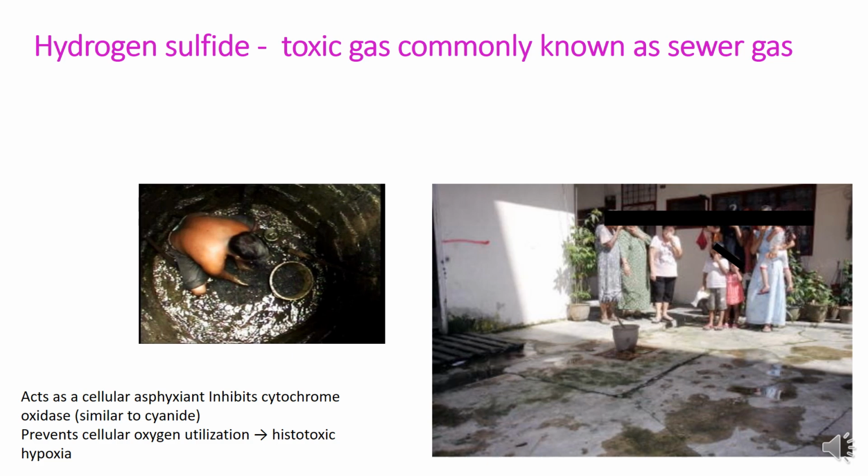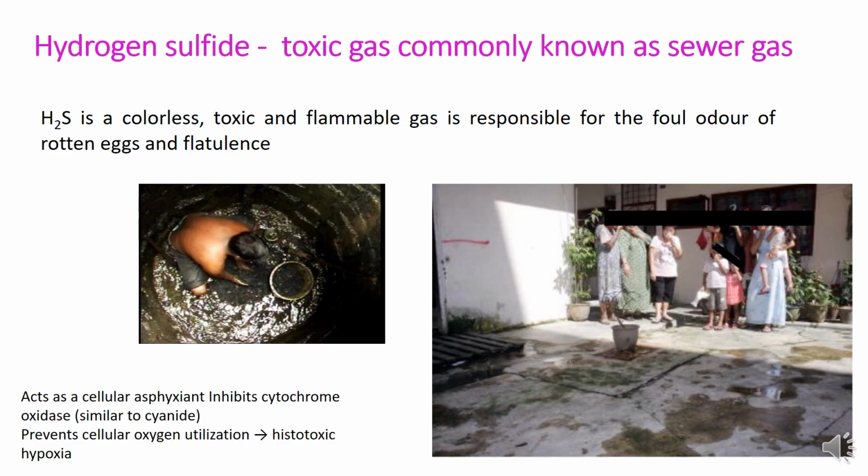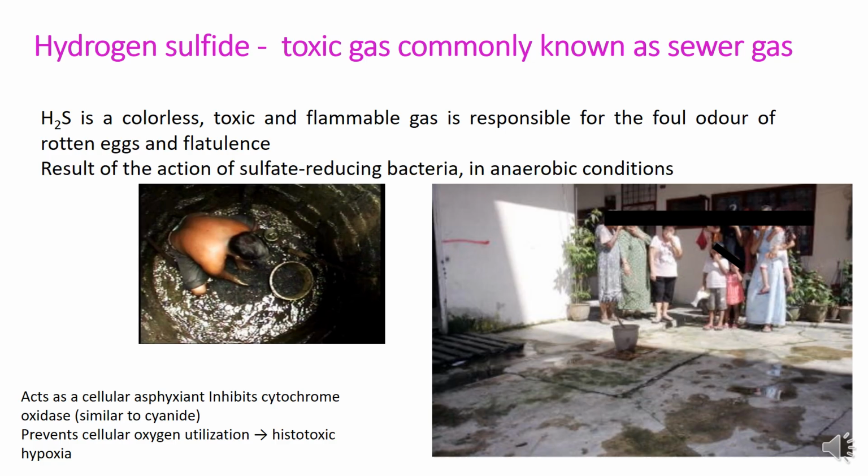Hydrogen sulfide, as I have mentioned earlier, is a chemical asphyxiant. Whenever there are enclosed spaces, right, and also anaerobic respiration, there may be production of hydrogen sulfide. It is colorless and flammable, but the smell is very obvious, so we can easily find the presence of H2S.